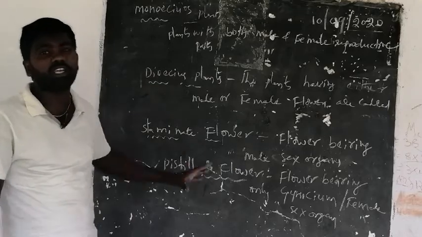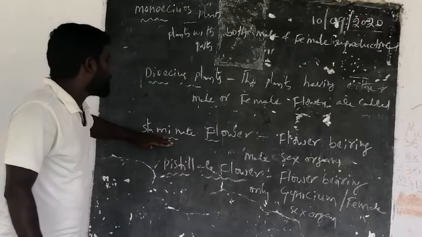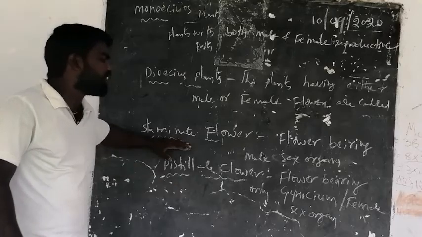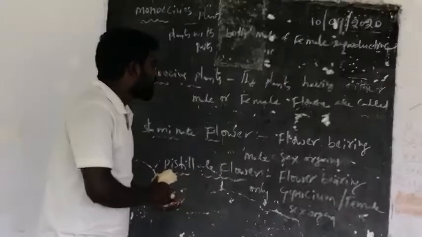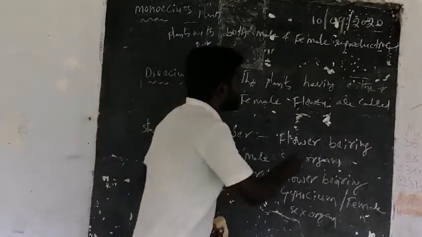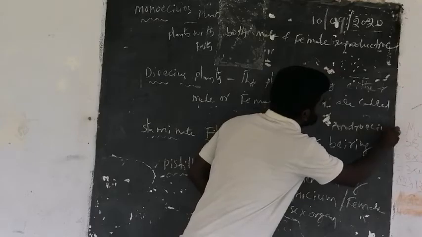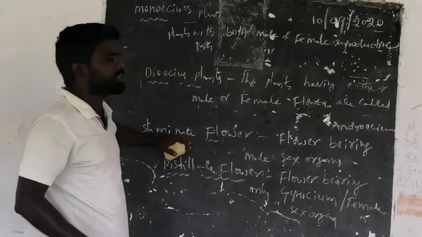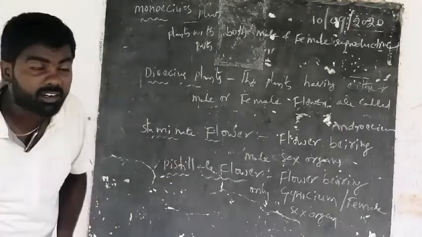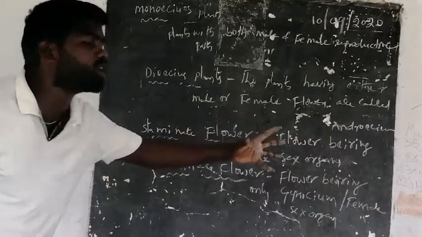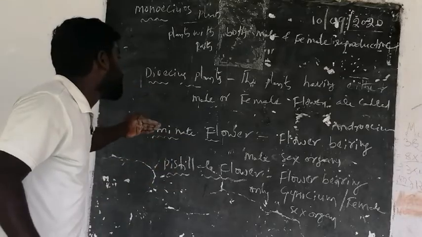Dioecious plants bear only either male or female. The flower which possesses androecium is called a staminate flower, and the flower which bears only gynoecium, the female reproductive part, is called a pistillate flower.